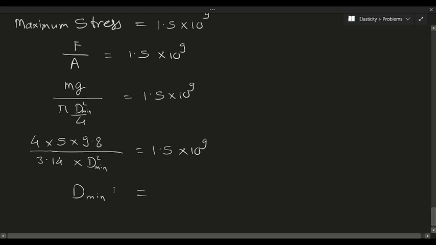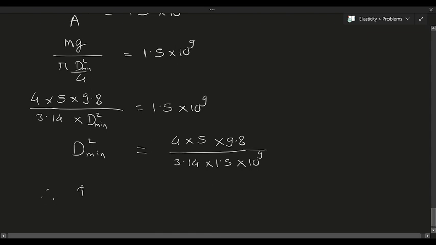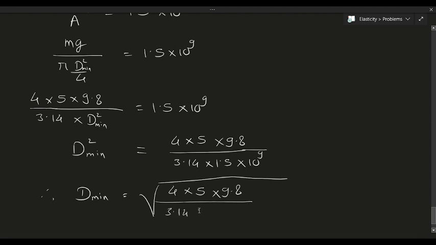Minimum diameter will be 4 into 5 into 9.8 divided by 3.14 into 1.5 into 10 raised to 9. Therefore, minimum diameter equals the square root of 4 into 5 into 9.8 divided by 3.14 into 1.5 into 10 raised to 9.